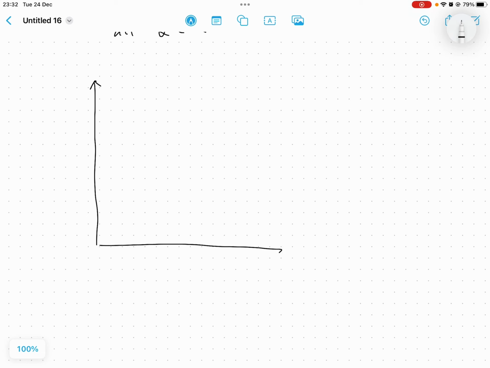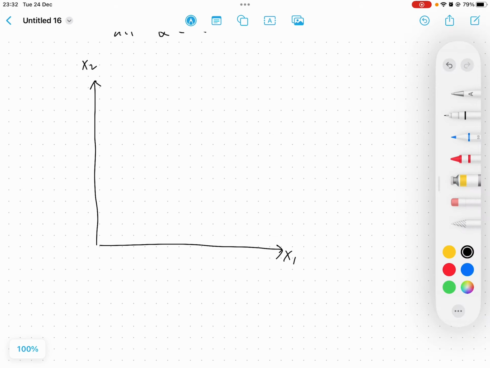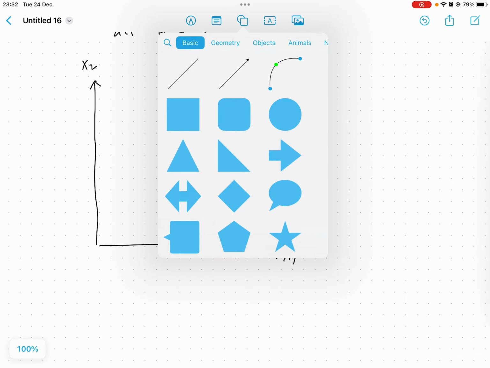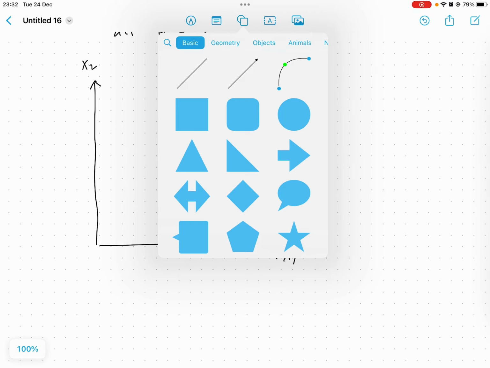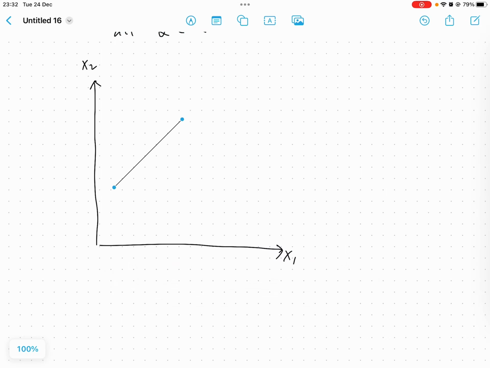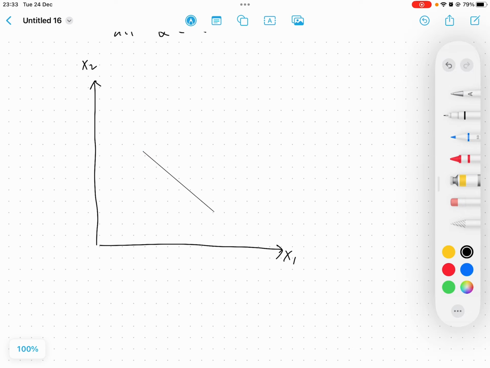So this would be x1, x2. Let's have a straight line in the middle of this indifference curve, and then we draw some curves.